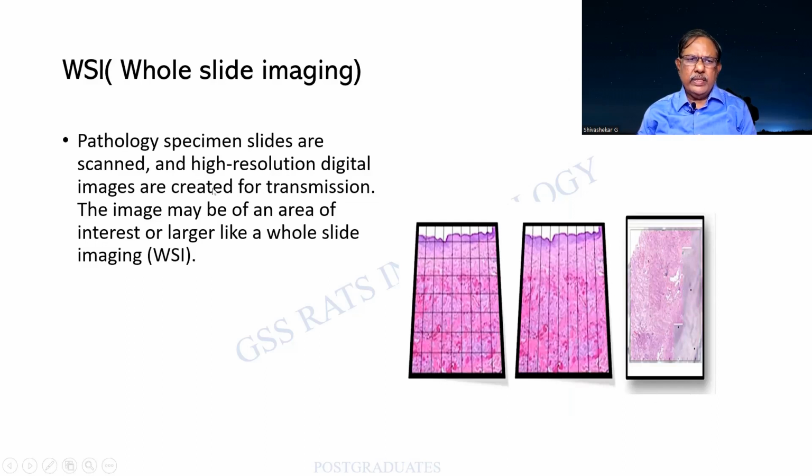So the pathology specimens are scanned in high resolution digital images and are created for transmission. This image can be in an area of interest. For example, when there is a variant in a malignancy from the glandular to the papillary and areas of capsular invasion, etc. The whole slide definitely needs to be scanned. We all know the importance of it.